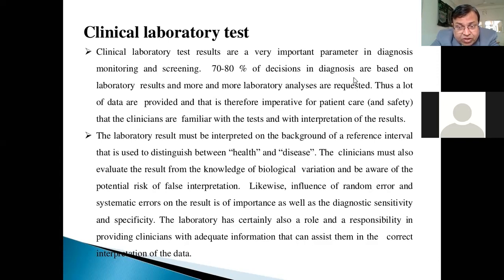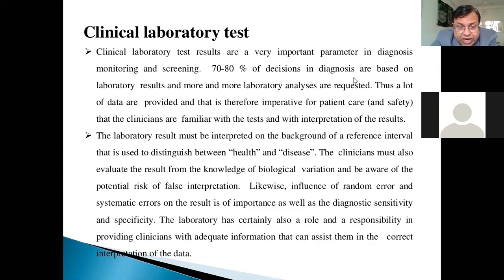Likewise, the influence of random error and systematic error on the result is important, as well as the diagnostic sensitivity and specificity of the test.